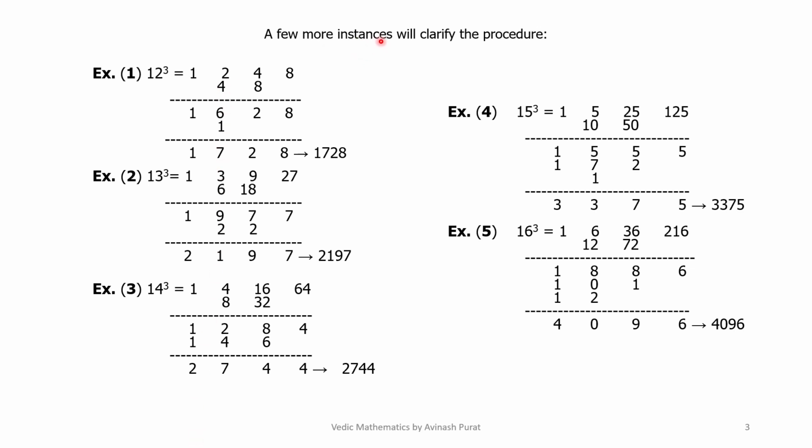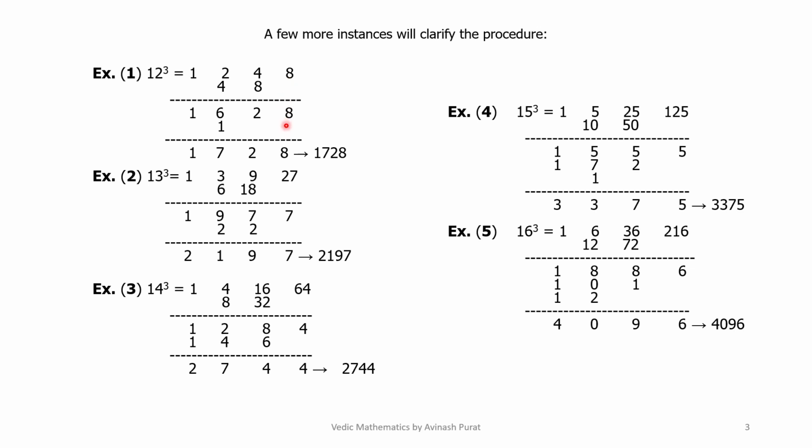A few more instances will clarify the procedure. Example 1, 12 cube. Now 1 cube is 1 and the ratio is 2 to 1. So 1 multiplied by 2 is 2, 2 multiplied by 2 is 4, 4 multiplied by 2 is 8. Second digit 2 multiplied by 2 is 4 and third digit 4 multiplied by 2 is 8.